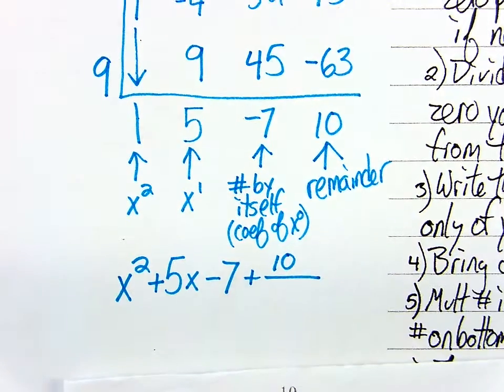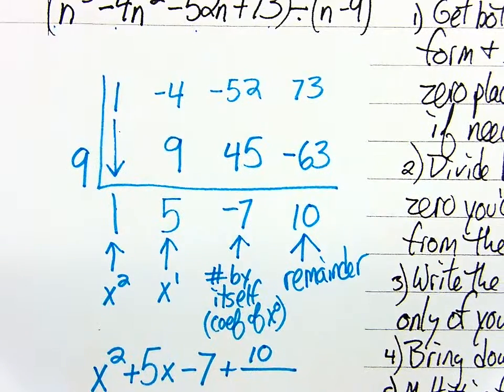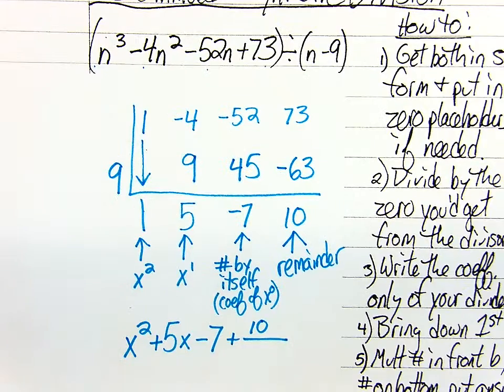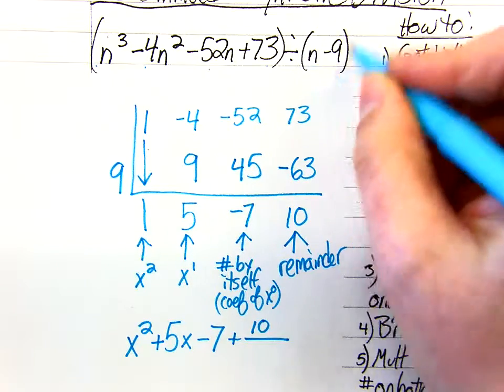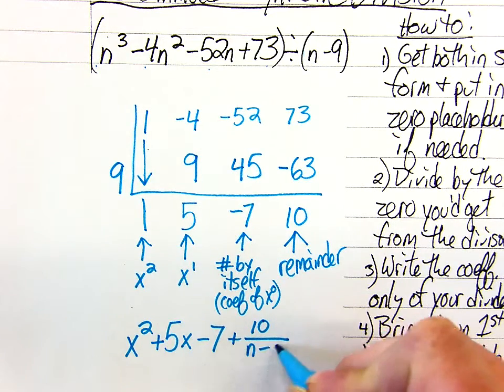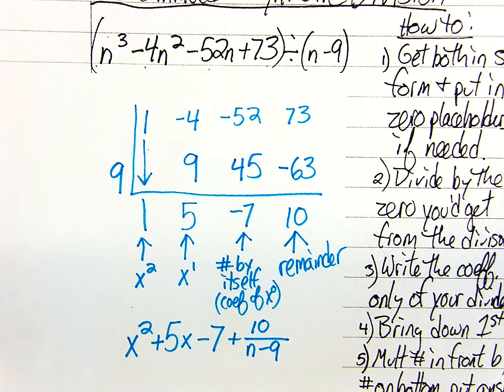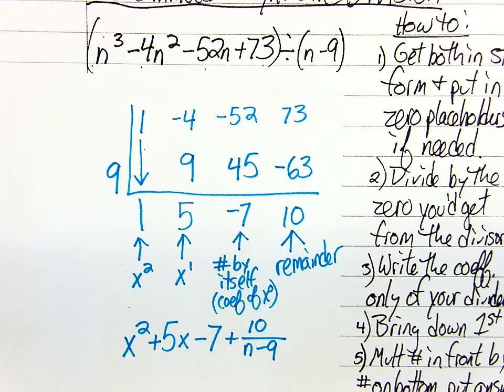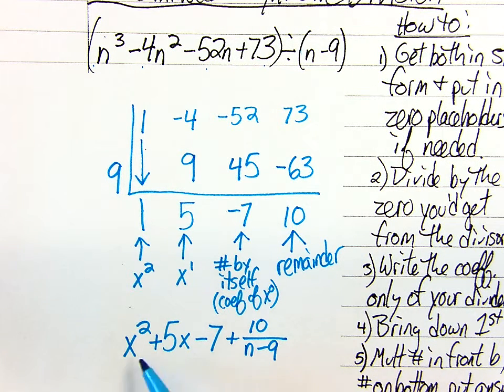And then do remember to go back to what you were originally dividing by. So I was originally dividing by n minus 9, so that's my denominator. And that is my final answer for this. So it's a little bit weird at first, but once you get the hang of it and once you figure out how to pop these coefficients back in, it's actually really easy to do.